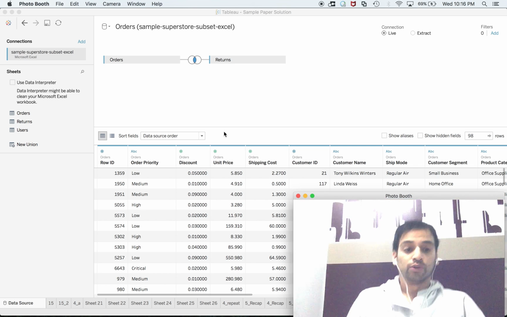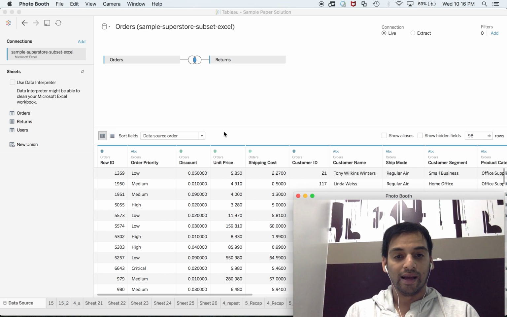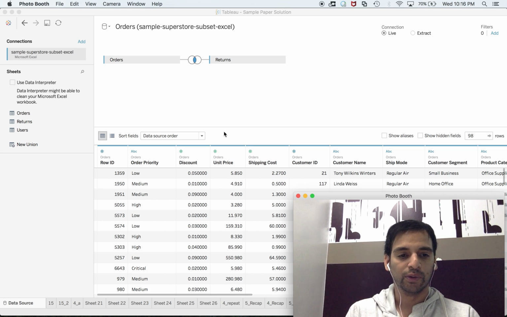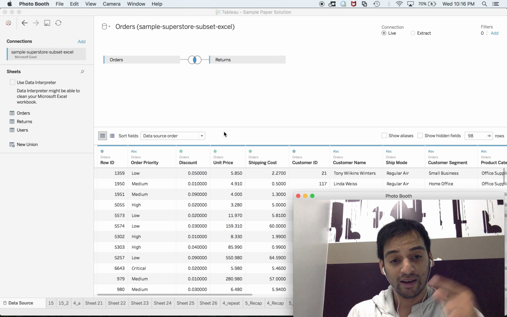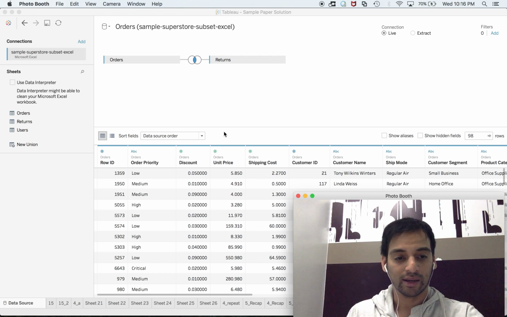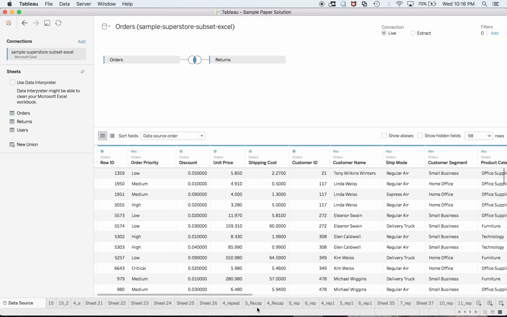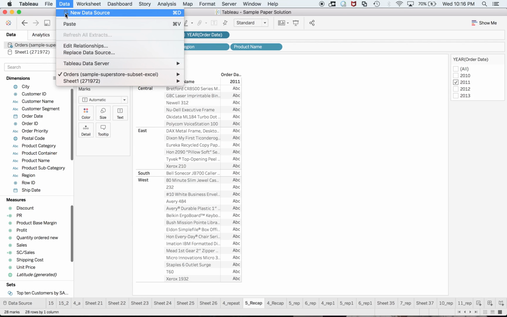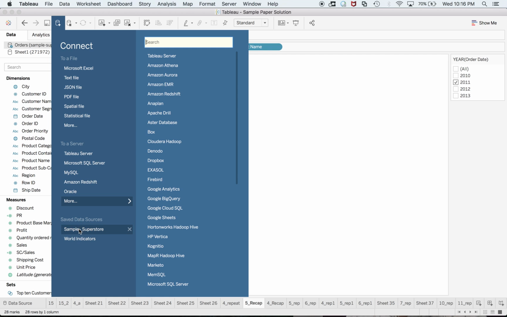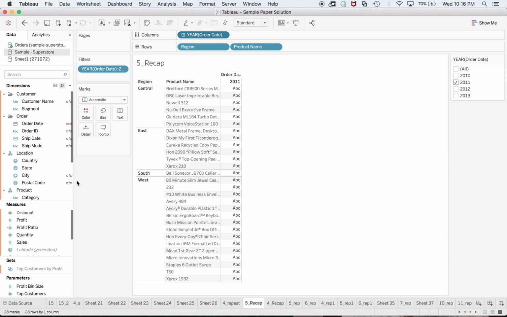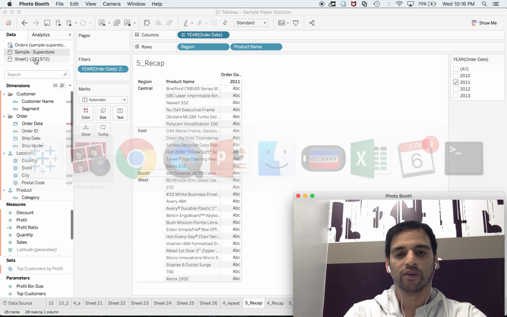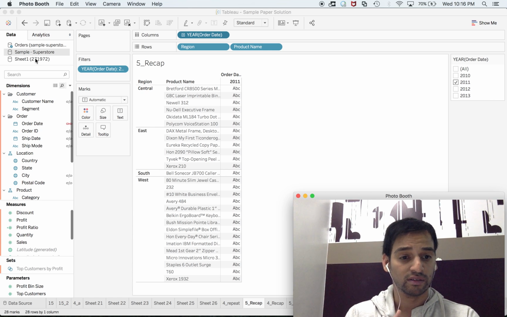Then again you will go back and remove that. It's better that you connect to the sample superstore again. You can come here and say new data source, again sample superstore, that's fine. You can again have two data sources instead of that. So these are my few more suggestions to you.